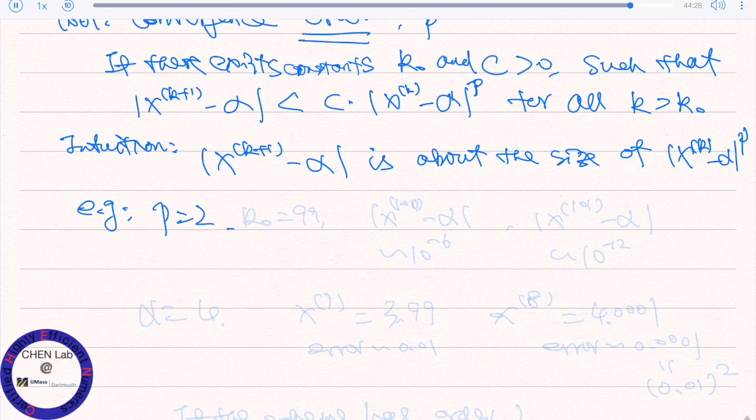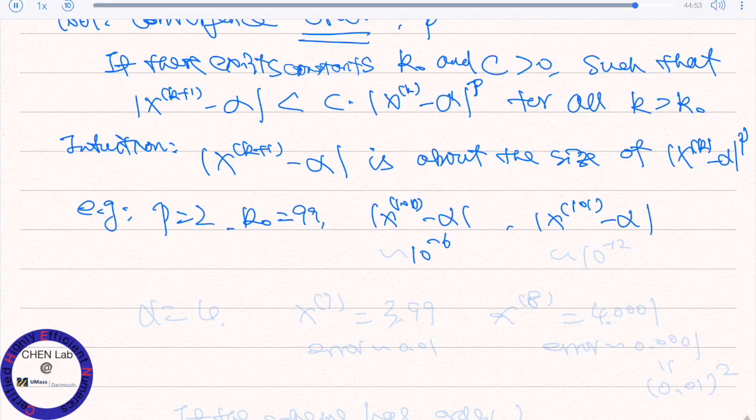So maybe k0 is 99. Then you have x_100 minus alpha, and then the next one is x_101 minus alpha. Say this one is 10 to the negative 6.